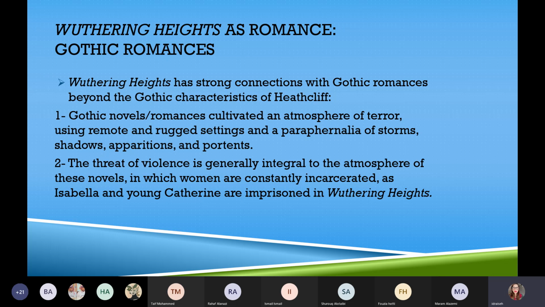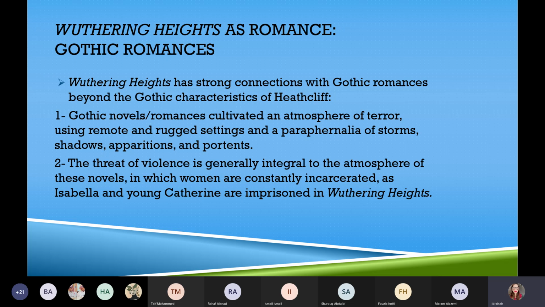So, like I said, Wuthering Heights also has a lot of strong connections with Gothic romances, beyond the Gothic characteristic of Heathcliff. Those novels generally have an atmosphere of terror. They use rugged settings with storms and shadows and apparitions. And there's always a threat of violence that is integral to the atmosphere of these novels.